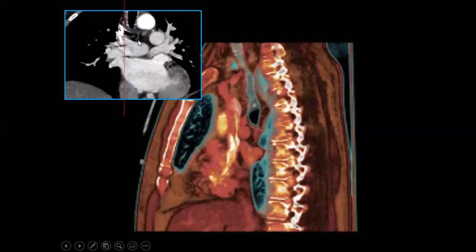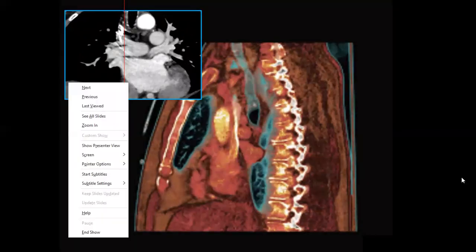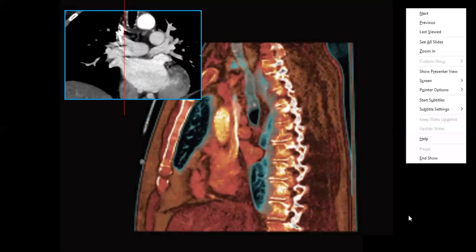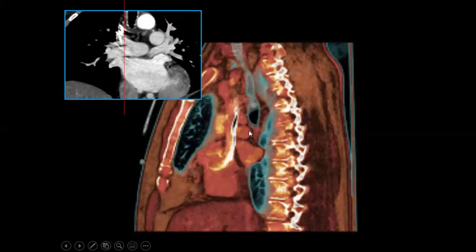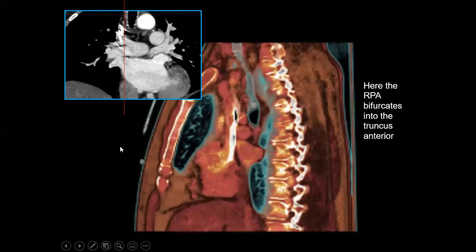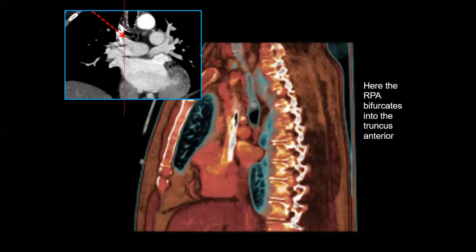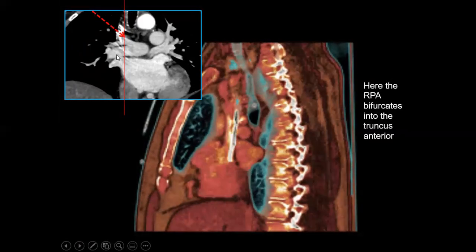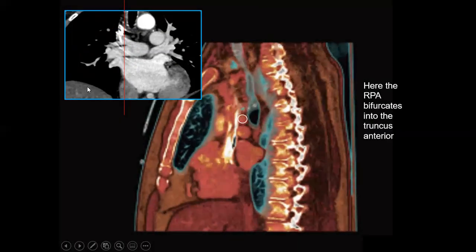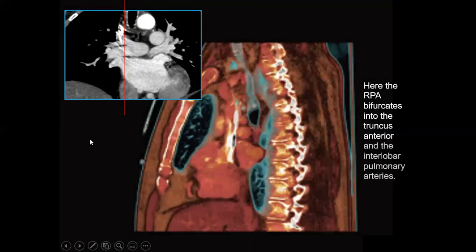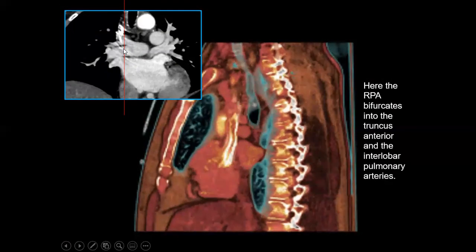The main pulmonary artery, the right pulmonary artery, has branched into an upper and lower branch. Here, the right pulmonary artery bifurcates into the truncus anterior, which is this top one, and the bottom one, which is called the interlobar pulmonary artery.